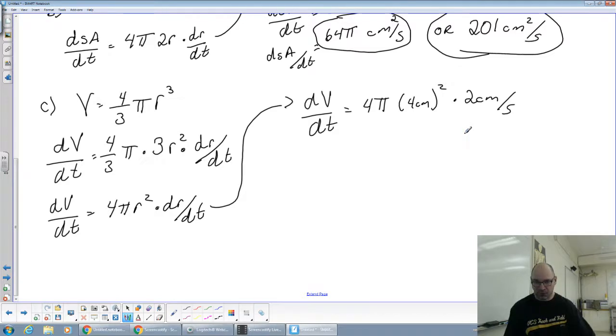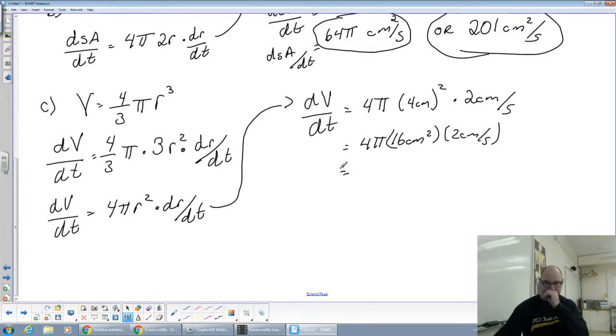So, okay, if we multiply all those together, we've got 4 pi times 16 centimeters squared times 2 centimeters per second. Okay, so we're going to multiply all those numbers together now. 16 times 4 times 2 is going to give us 128 pi centimeters cubed per second, because we got 3 centimeters on top.